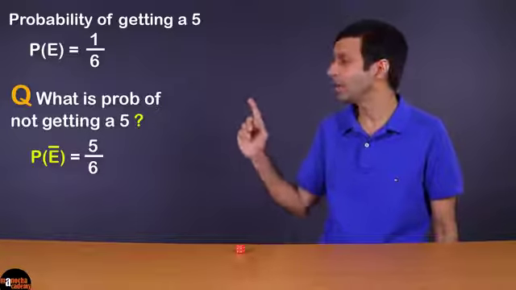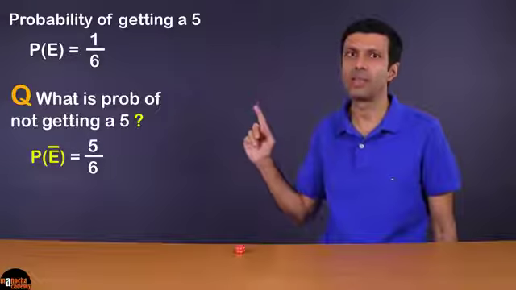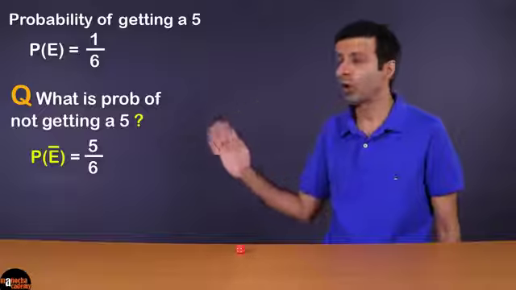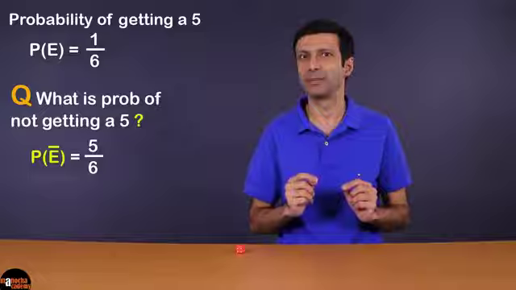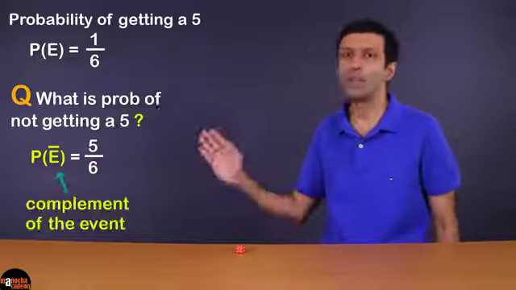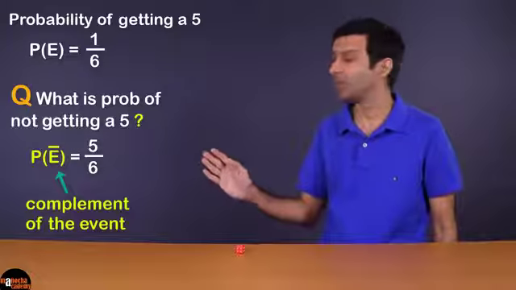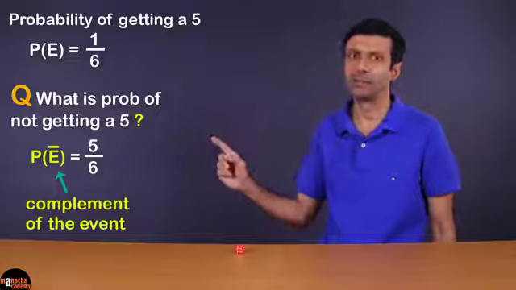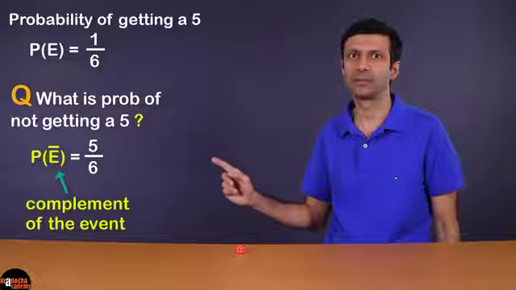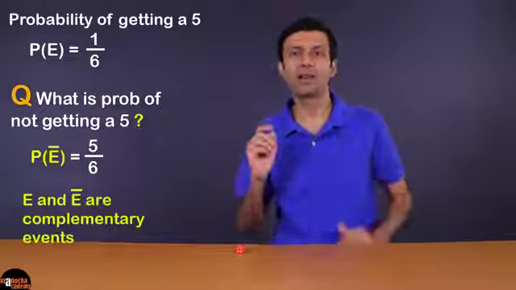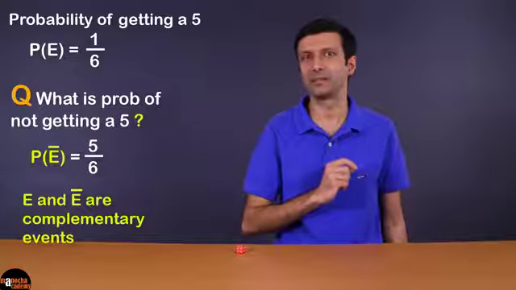So P(E bar) equals 5 by 6. This is not getting the number 5, so the event 5 not happening. And this is called the complement of the event, and it's represented by E bar. So P(E bar) equals 5 by 6. E and E bar are called complementary events.